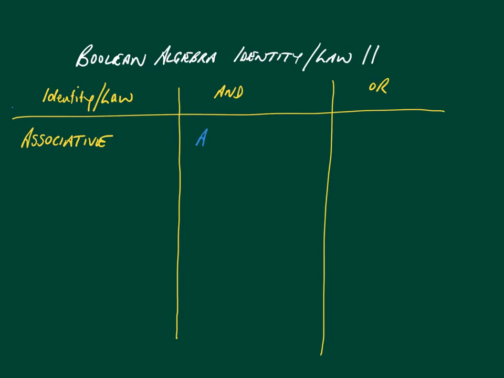So if we have A and B, and the result of that is ANDed with C, it's exactly the same as A and C, and the result ANDed with B. With the OR, associative is the same, so A or B, or C is the same as C or B or A.